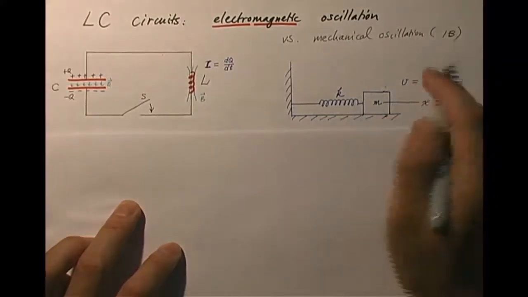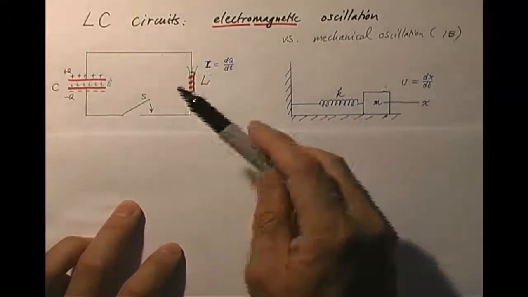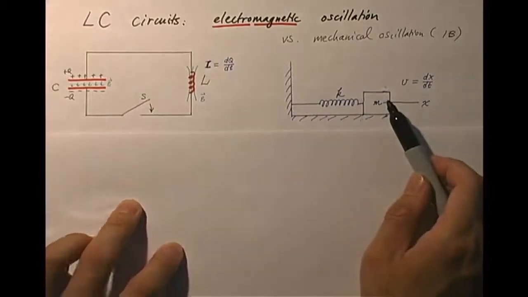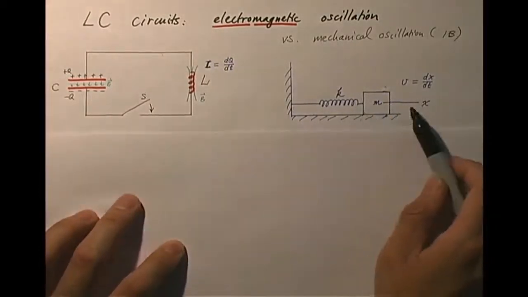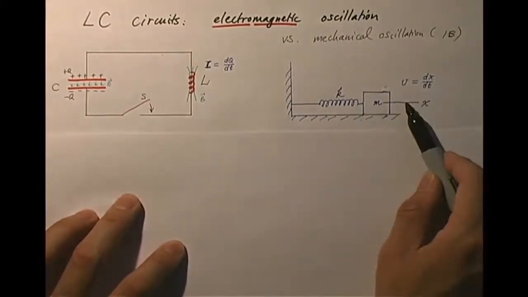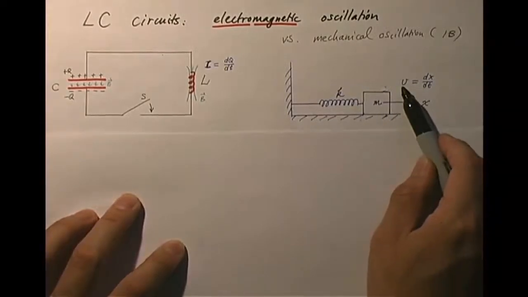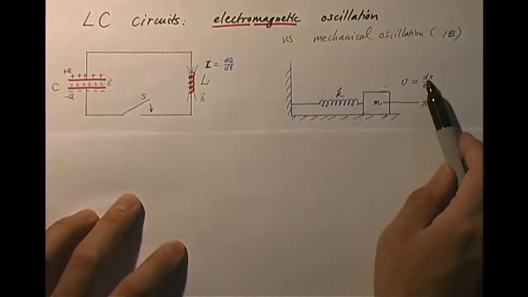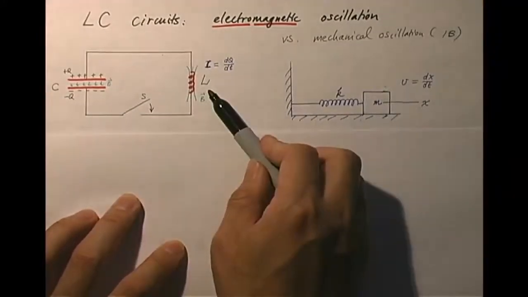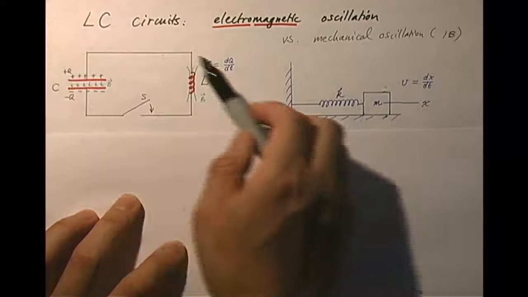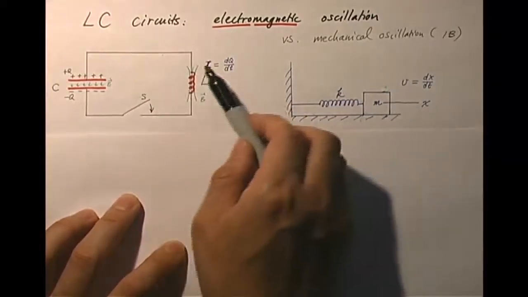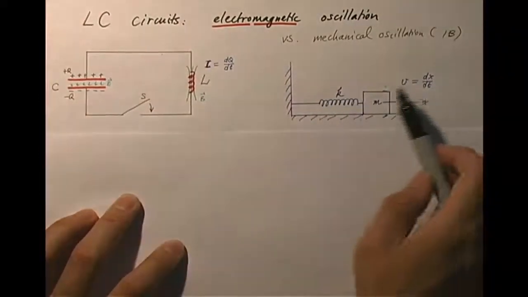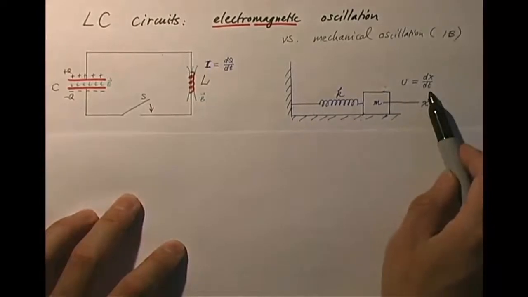Okay, so there are two functions that you study in the case of a spring-mass system. One is the displacement function x, and the other is the velocity v, which is dx over dt. Of course, if you know one, you can find the other. Here we have something very similar. We have a charge q, and we also have the current I. Now I is dq over dt, just like v is dx over dt.